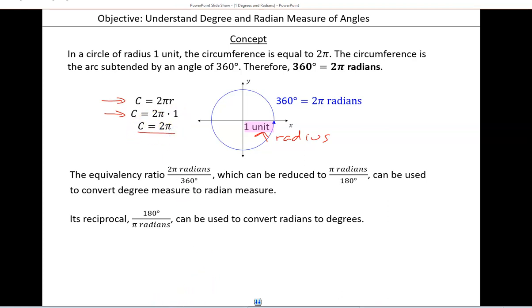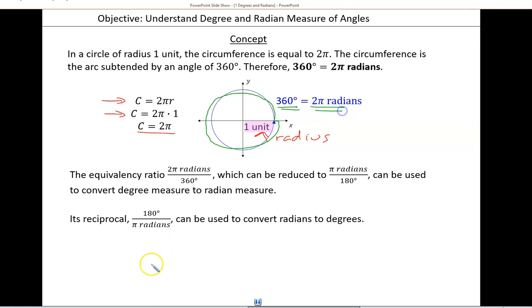What we can then extrapolate from that is that if this circumference is 2 pi in radians, but we already know that in degrees that's 360 degrees, then we can conclude that 360 degrees must be equal to 2 pi radians.